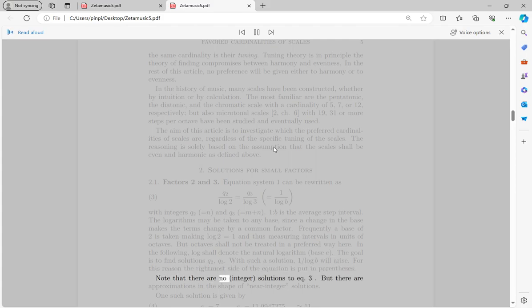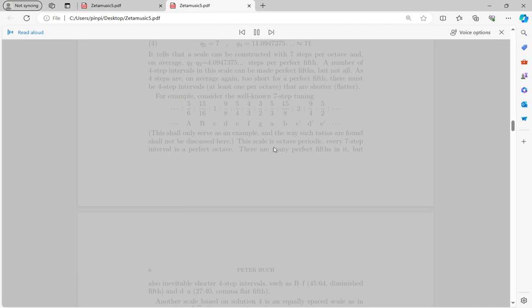Note that there are no integer solutions to equation 3, but there are approximations in the shape of near integer solutions. One such solution is given by equation 4, q2 equals 7, q3 equals 11.0947375, almost equal to 11.